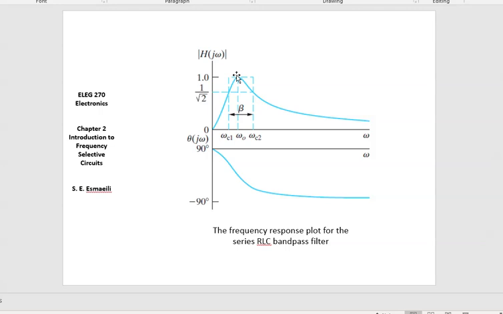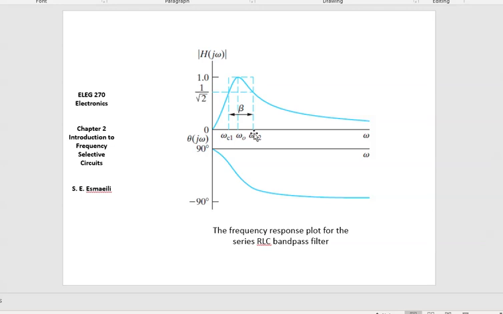The ones above 70% are considered a pass. So whatever is between these two cutoff frequencies, omega C1 and omega C2, has a magnitude over 1 over square root of 2. 1 over square root of 2 is almost 0.7, the same 70% that we talked about. So these are the cutoff frequencies that we're talking about.